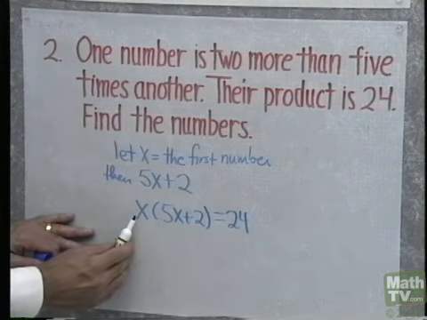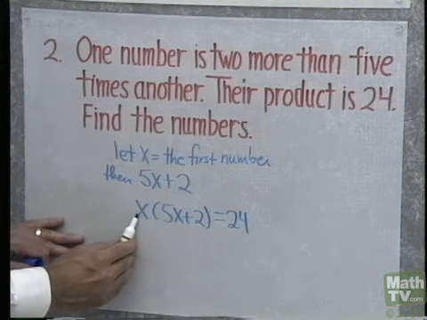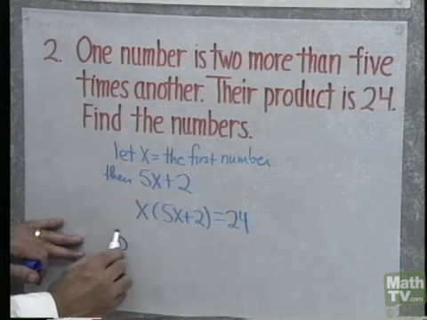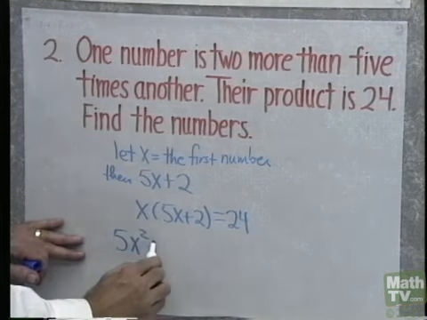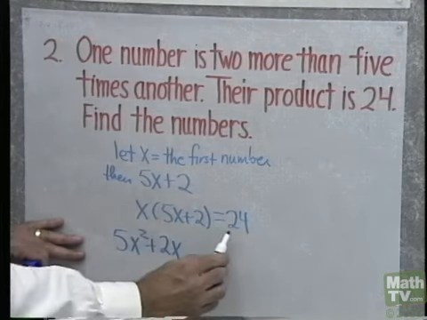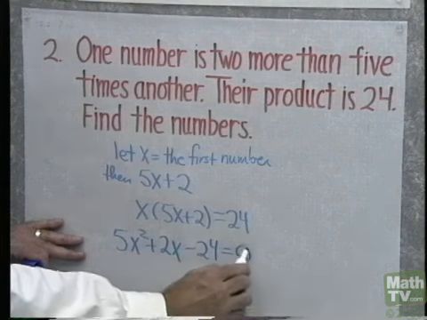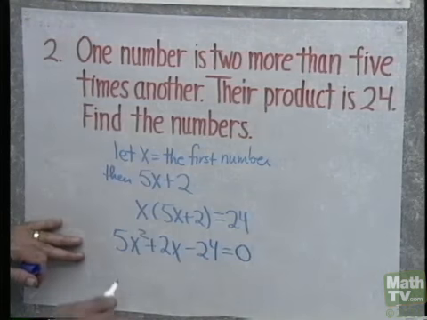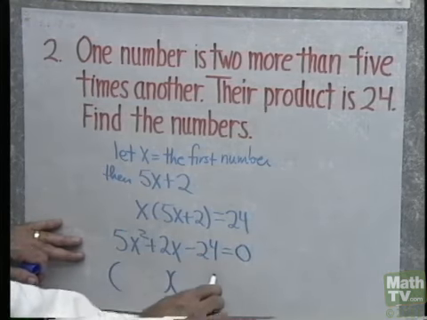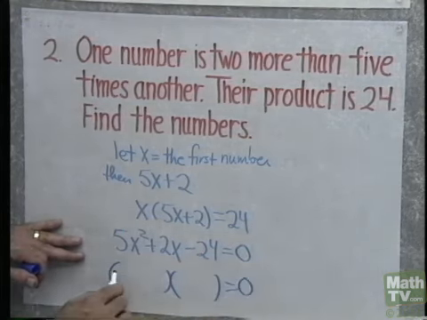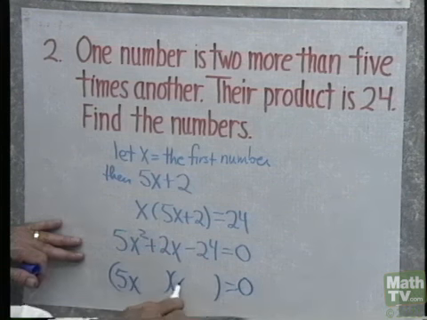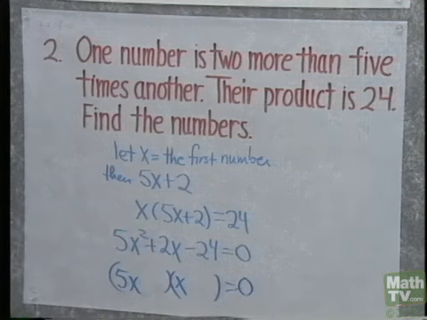Now, this is the equation that describes the situation. I'll multiply this side out: 5x squared plus 2x. Add negative 24 to both sides, and I'll have a quadratic equation in standard form. Let's see now if we can factor this. So I'll have 5x and x. And then let's see, 24 is going to be 6 times 4, 2 times 12.